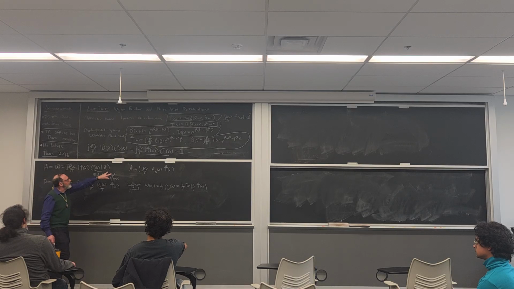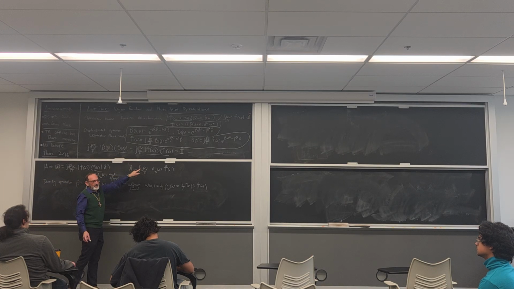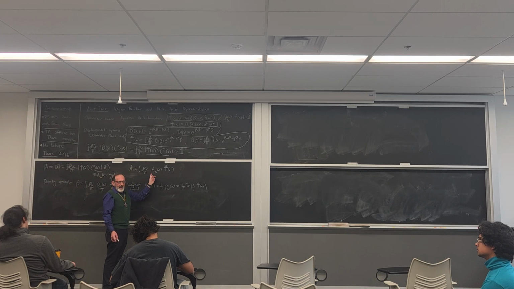So given this resolution of identity, I can think about some operator on the Hilbert space and vectorize it. Think about it as a vector in the space of operators. Plug in this resolution of the identity, and this tells me that the operator is written as such.